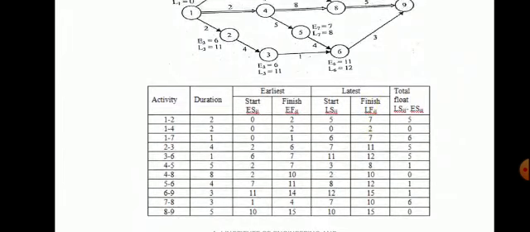4 to 5, duration 5, start time 2 is there already, 2 plus 5 is 7. Similarly 4 to 8, already 2 is there plus 8 joined, therefore 10.